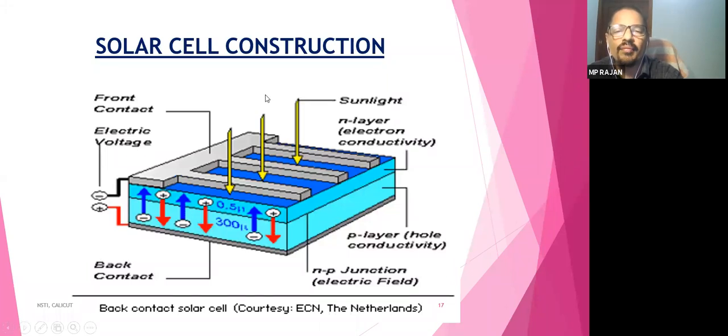So we require the direct sunlight, which has a high intensity of light. Normally it is 900 to 1000 watts per meter square.